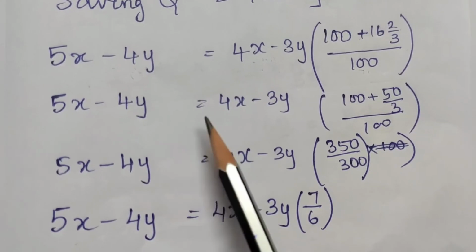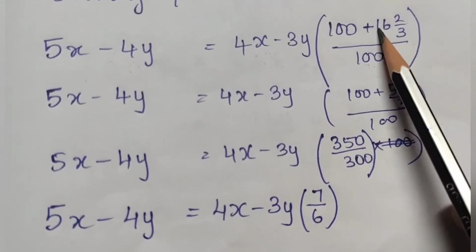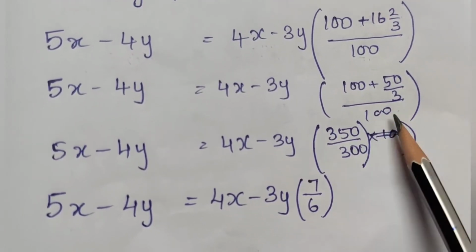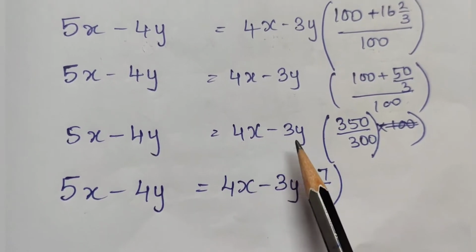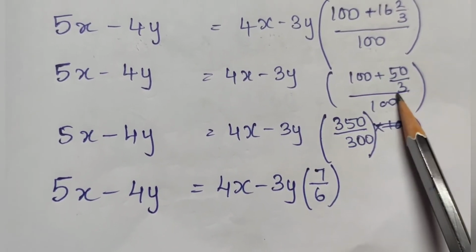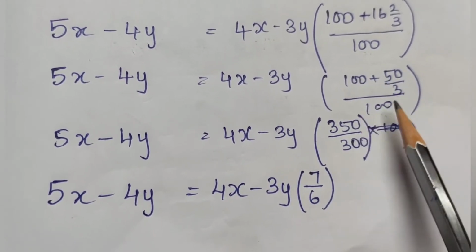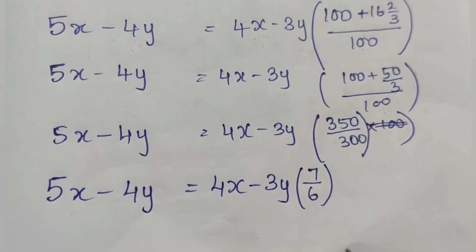So 5x minus 4y is equal to 4x minus 3y into, here you see 48, 50, 100 plus 50 by 3 by 100. This is 350 by 3 by 100. So 350 by 3 into 1 by 100, so 350 by 300.